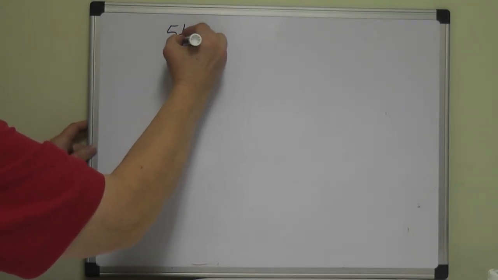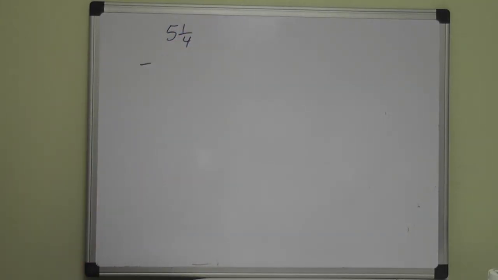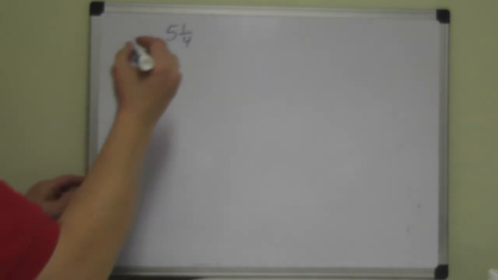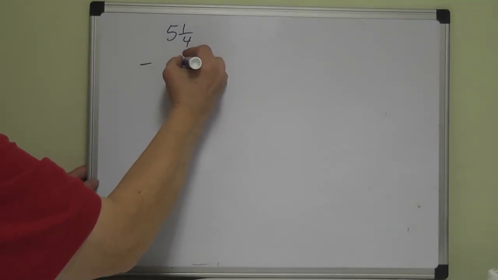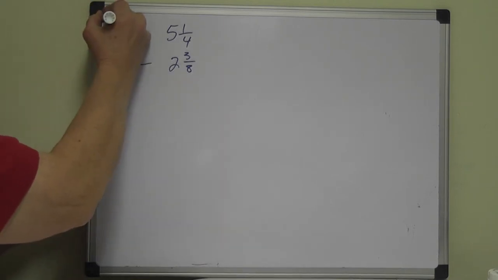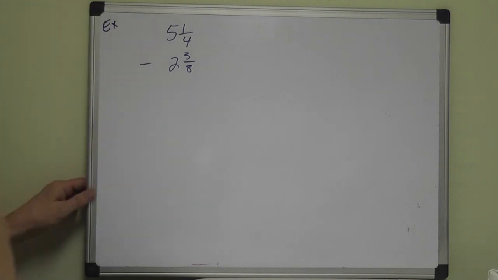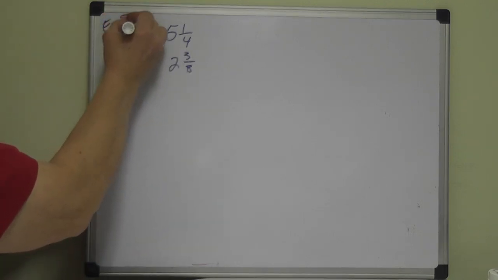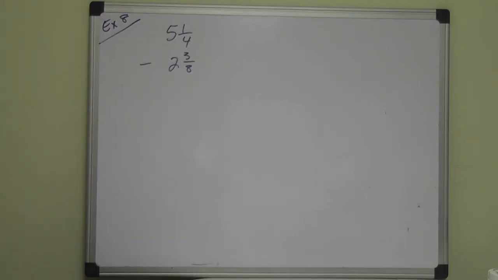We're going to subtract 2 3/8 from 5 1/4. And I just went ahead and changed that into our vertical form here because with mixed numbers, when you add or subtract, it's definitely to your advantage to set it up vertically.